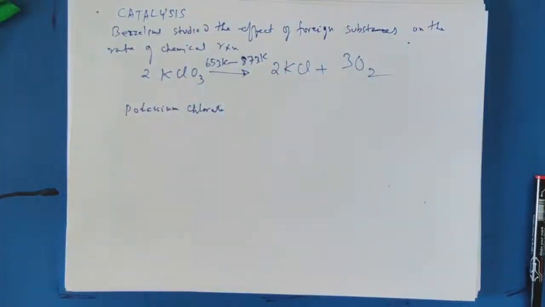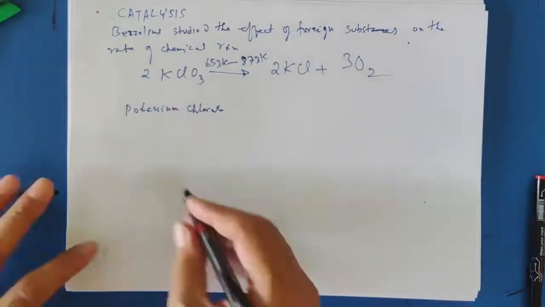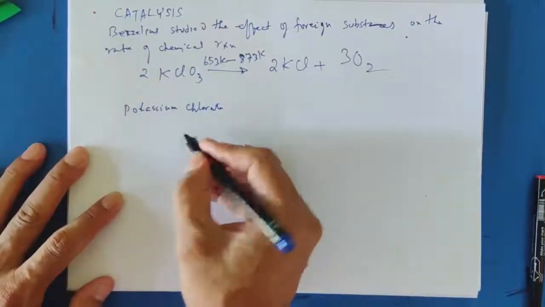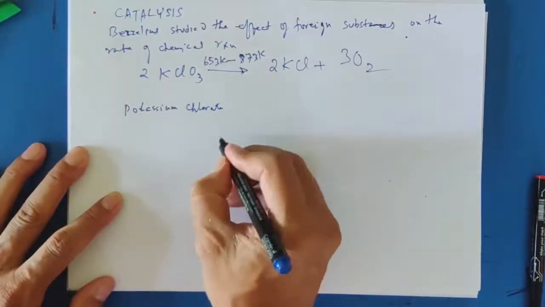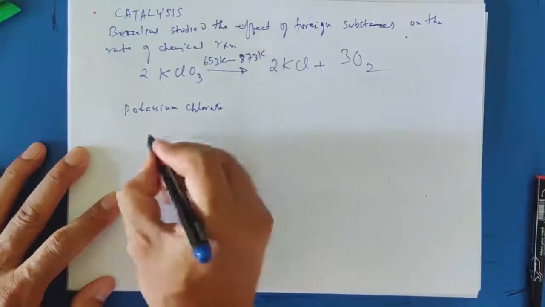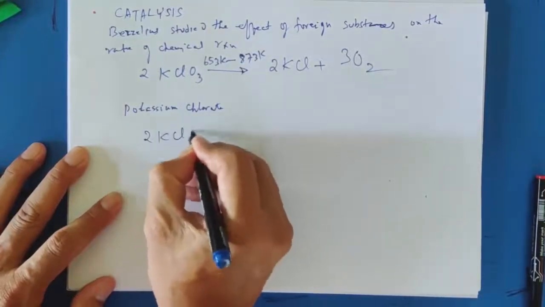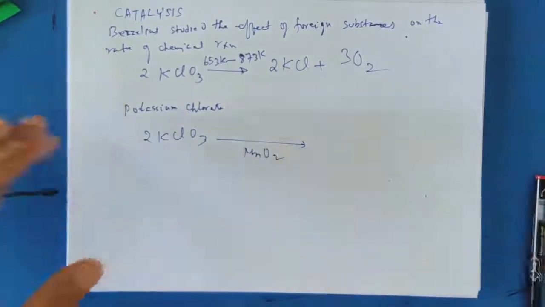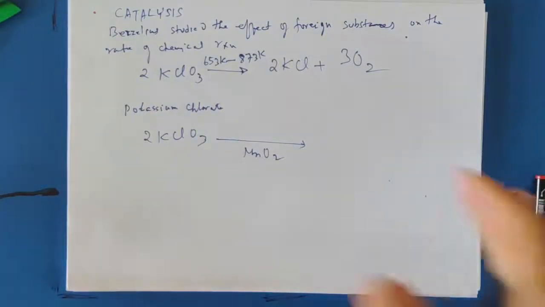By mistake, accidentally, a compound, MnO2, got into the KClO3 in the bottle.